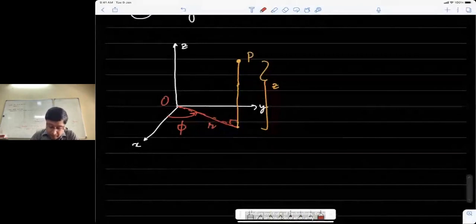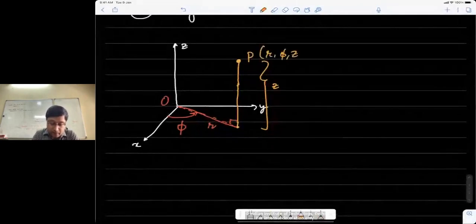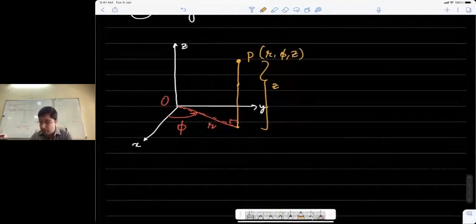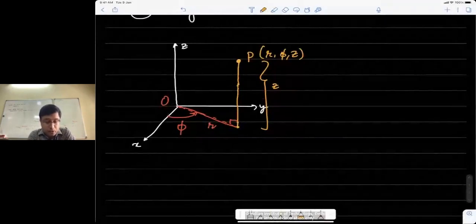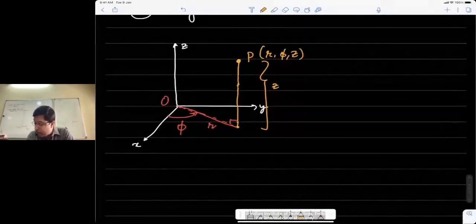So the coordinates for point P will then be r, phi, and z. Knowing this, every point, though it need not be a Cartesian system, can also be described by cylindrical coordinates.